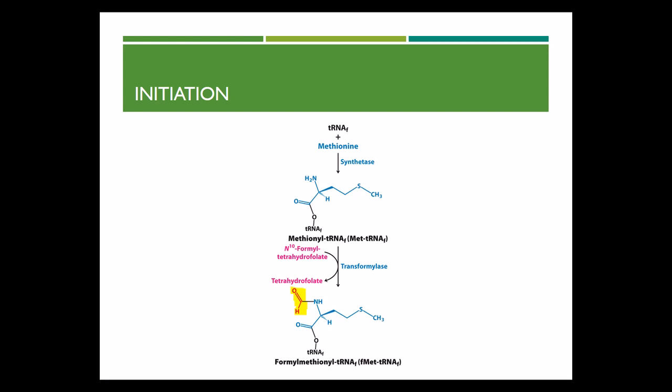The addition of this formyl group to the nitrogen atom of the amino acid residue prevents it from participating in a peptide bond. And that is key. We are trying to start the formation of a peptide bond. We don't want this to be adding on to other peptides.